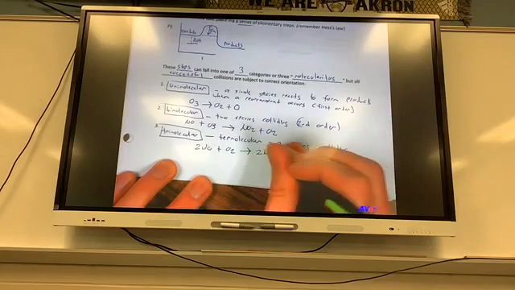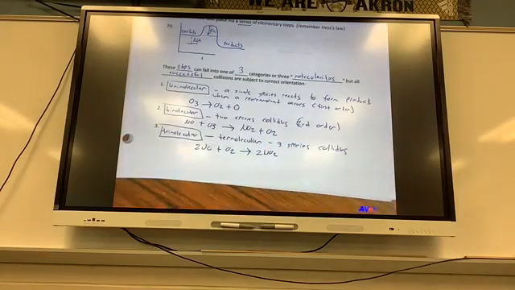This is the reverse of what we did up top. Would you agree that there are 3 species on the left? Yeah, because I have 2 plus 1. Third order, or is that? I mean, third order is not really something that we have to worry about too much.